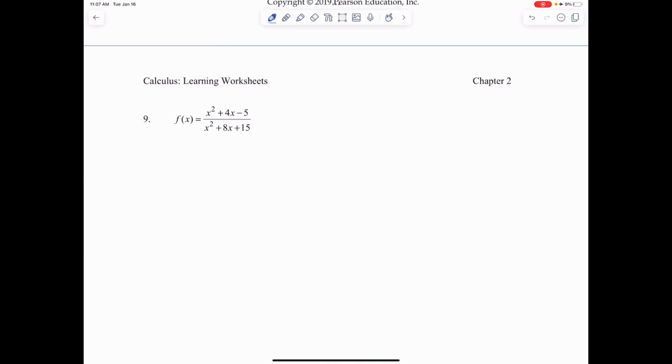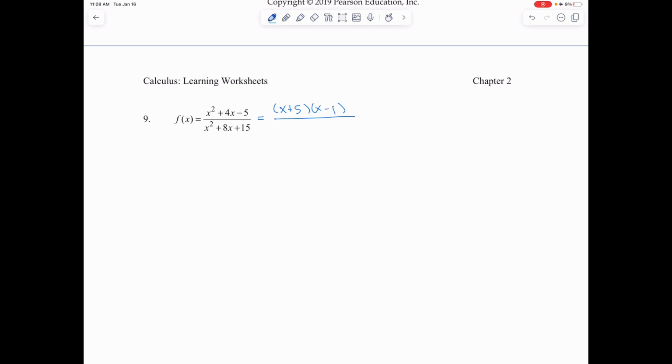Okay, our last example. Let's see, x squared plus 4x minus 5 over x squared plus 8x plus 15. So the first thing that we can do to make it easier on ourselves is to rewrite it, because both of these things we can factor. The top we can do x plus 5, x minus 1.